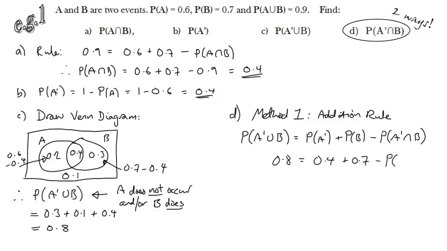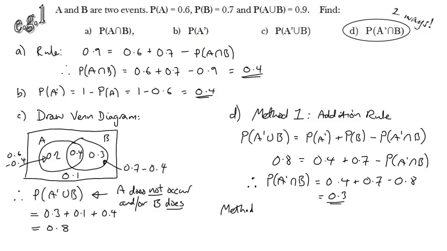There's only one bit here that we don't know, and that's the bit that we're trying to find out for this part of the question. Again, we just have to rearrange this slightly. Subtract 0.8, add the probability of not A intersection B, and satisfy yourself that it rearranges to give this, which simplifies to 0.3.